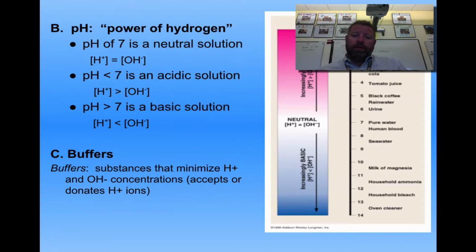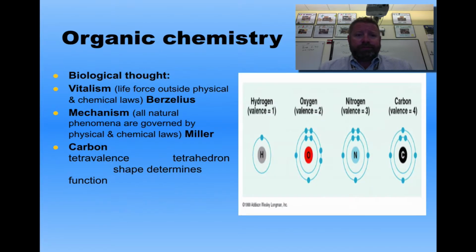There becomes a point where it doesn't work anymore, the buffers become overused, and your body's not able to find that balance again. But we'll get into that as we cover more systems.